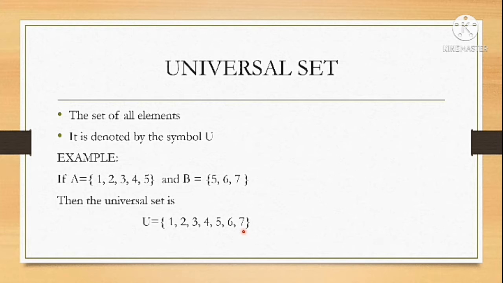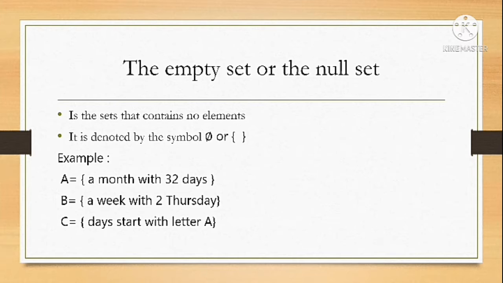Always remember that in the universal set, there is no repetition of elements. The empty set or the null set is the set that contains no elements. It is denoted by the symbol like this.